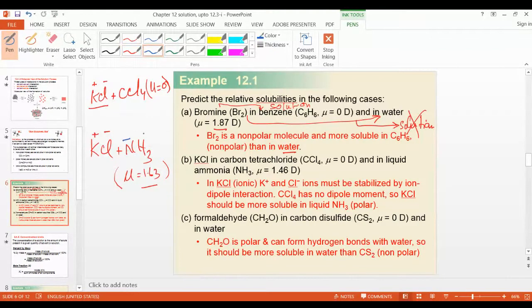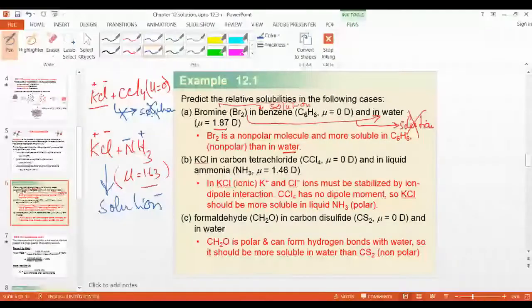This is negative and this is positive hydrogen. So this also has a dipole moment greater than 0, right? So they will make a solution. They will not make a solution with CCl4. Is it clear now? Yes. So please note down the concept.